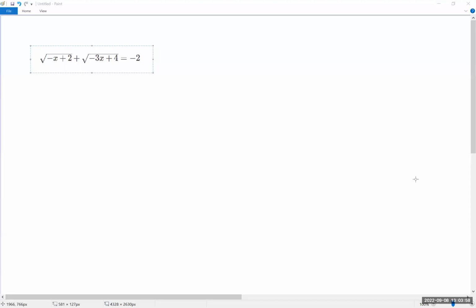Okay, so here's another one. Let's see if we can do this one. So what I would do on this one is I'm going to use this part and move it over. And when I say move it over, I'm really saying that I'm subtracting it. And you really could have moved either one of them.